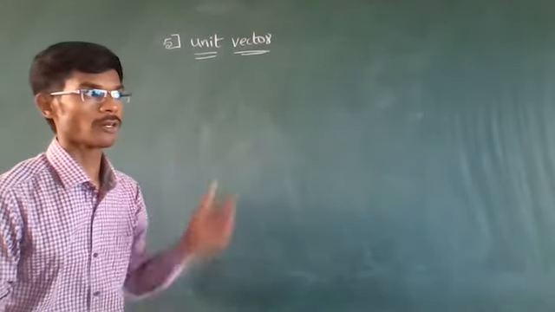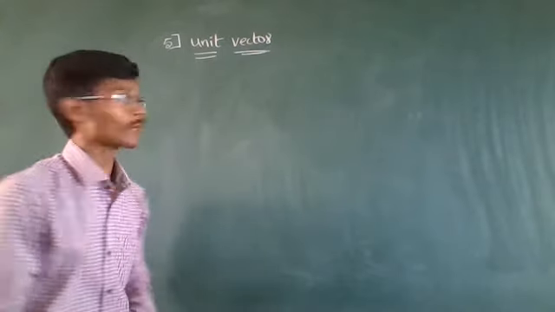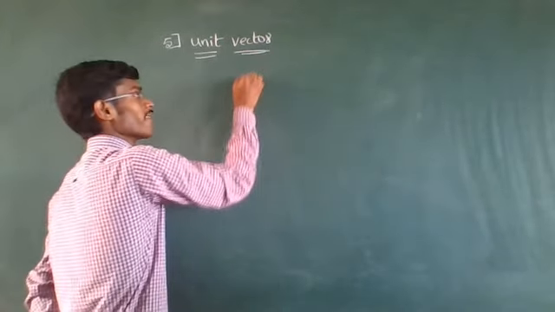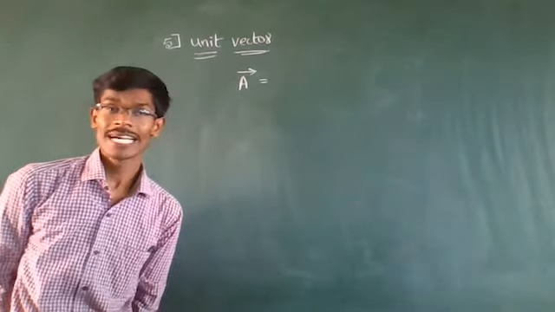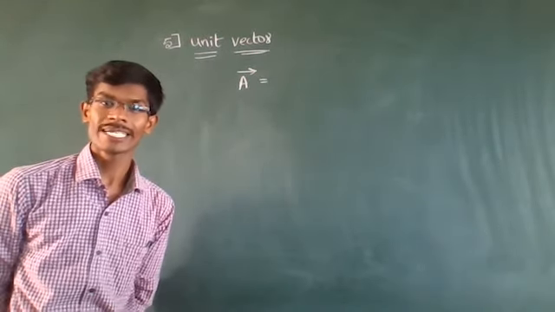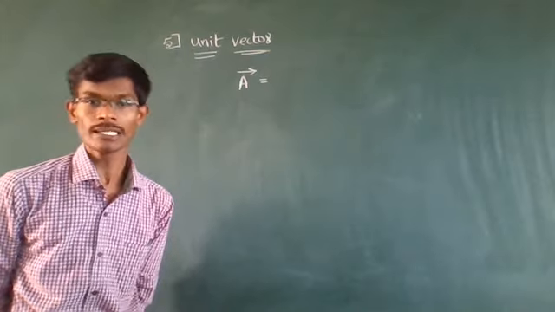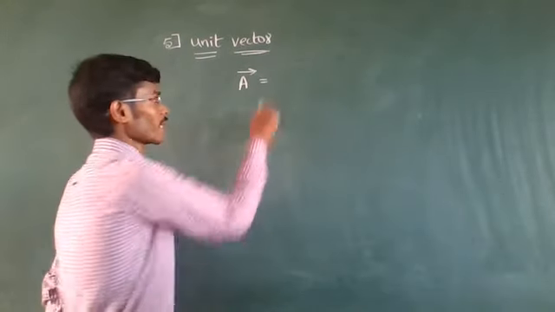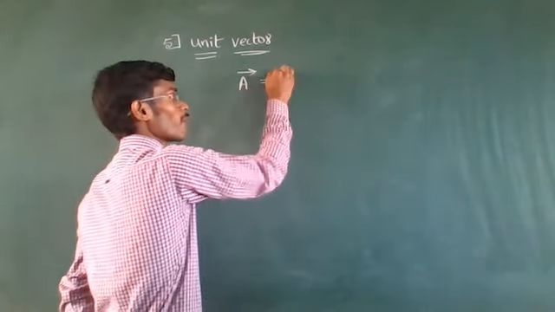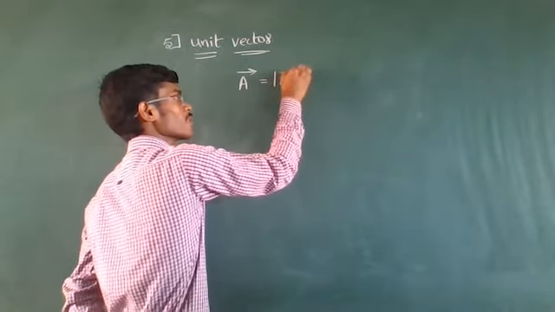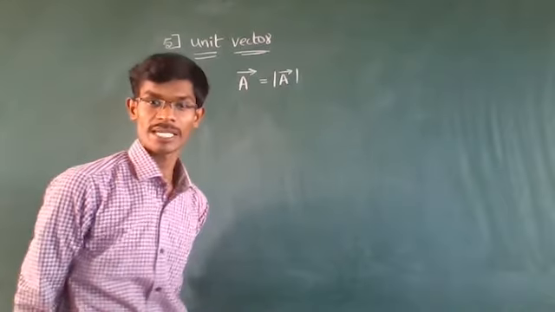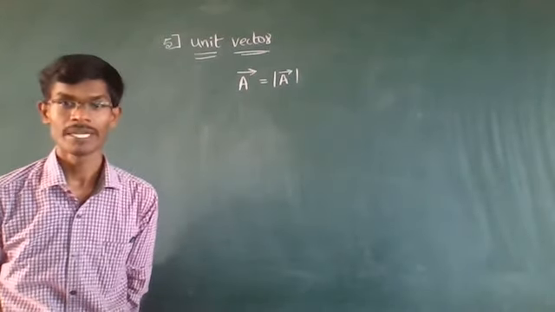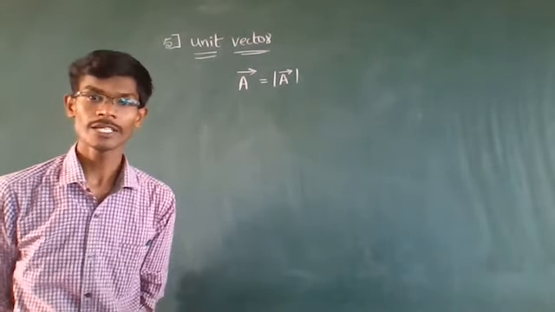As we have told, consider the representation of a vector, a bar. A vector has both magnitude and direction. Here, modulus of a bar represents the magnitude. How can we represent the direction of a vector? By making use of a unit vector.